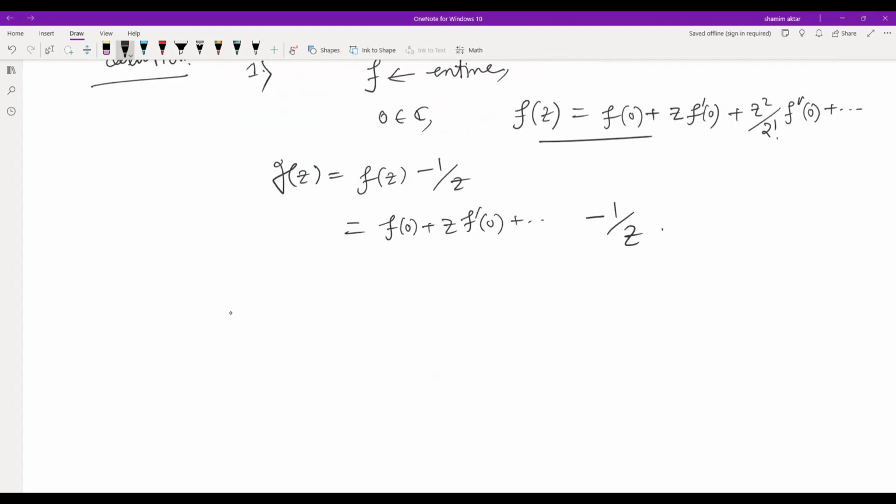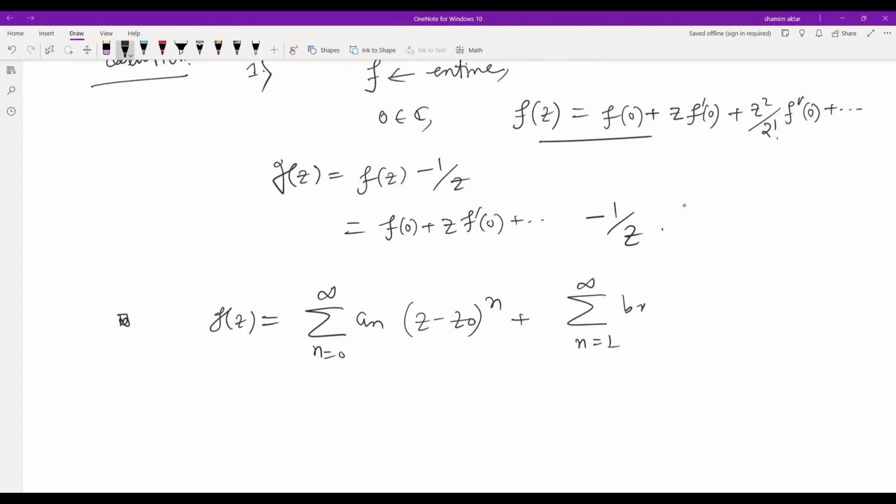And you also know that f(z) is equal to the summation of n = 0 to infinity of a_n (z - z0)^n plus the summation of n = 1 to infinity of b_n (z - z0)^(-n).